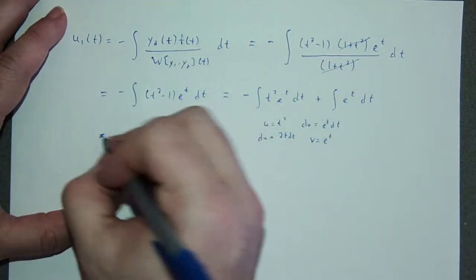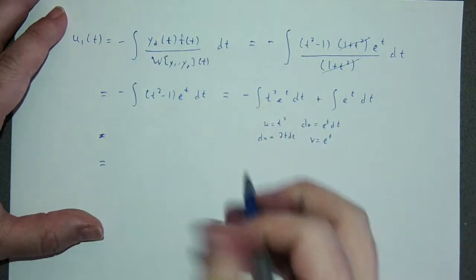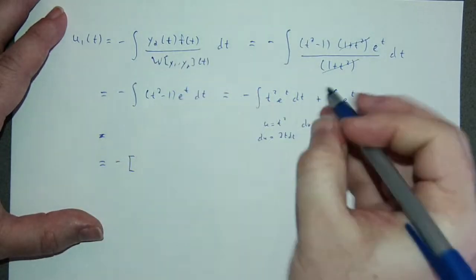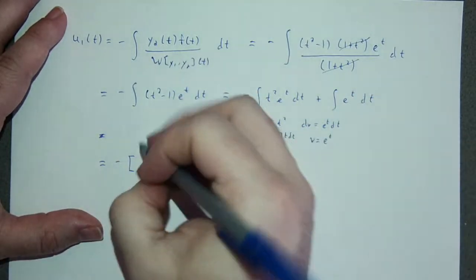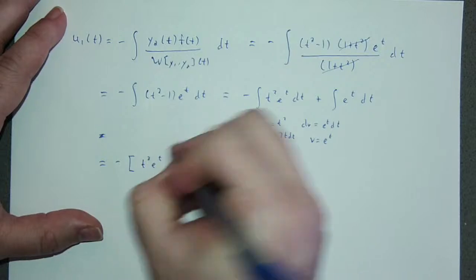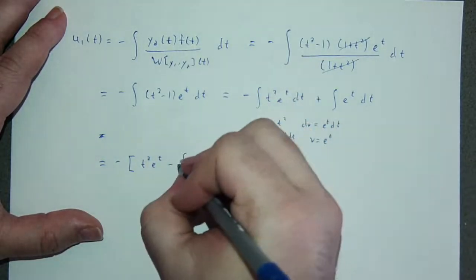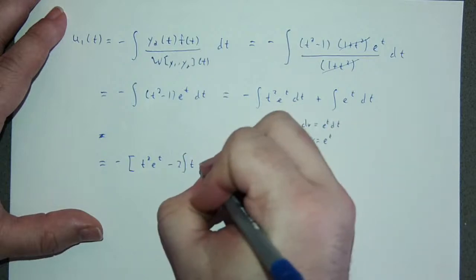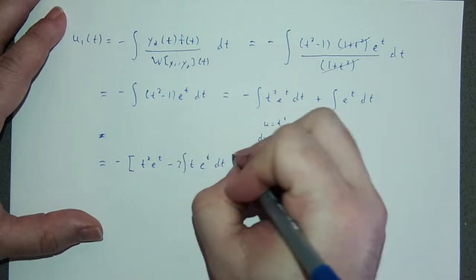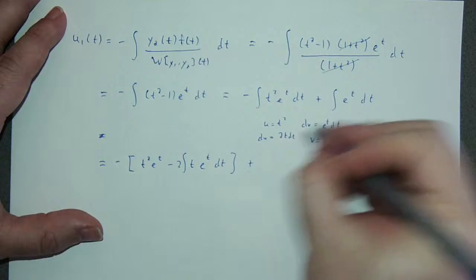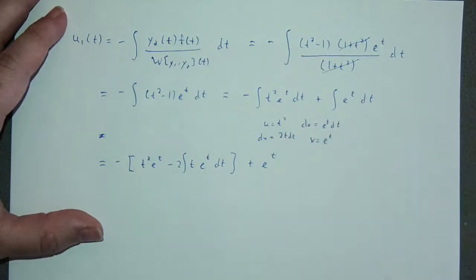So how do I do integration by parts? This is going to be u times v, so that's minus t squared e to the t, minus the integral of v du, so that's 2 times t e to the t dt. And that's plus this integral, which is just e to the t, right?